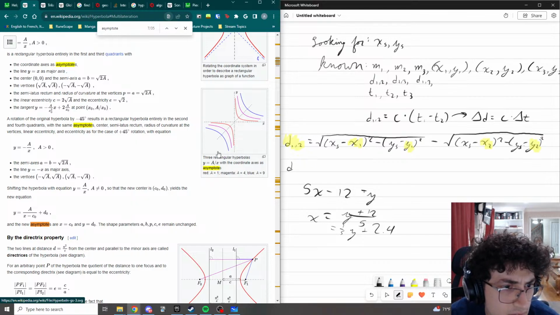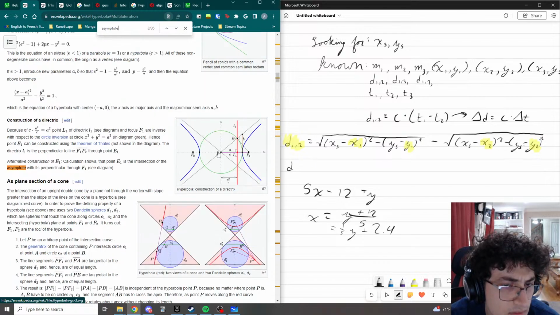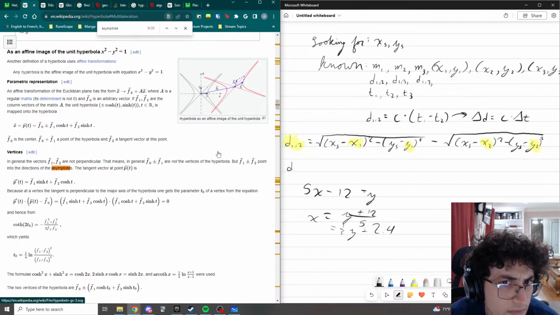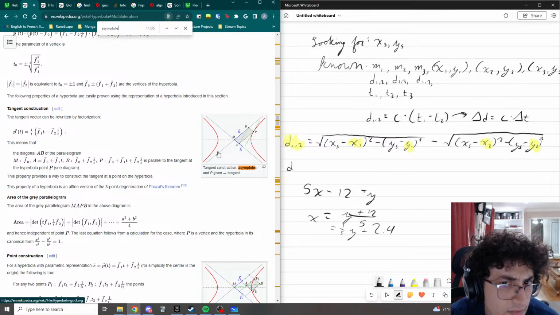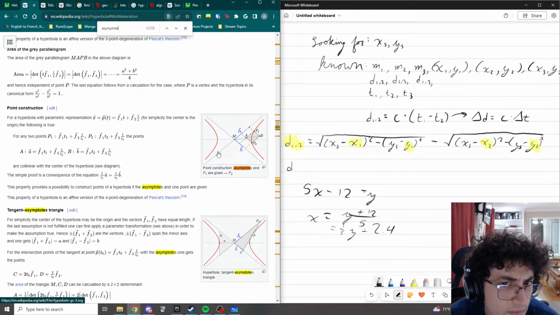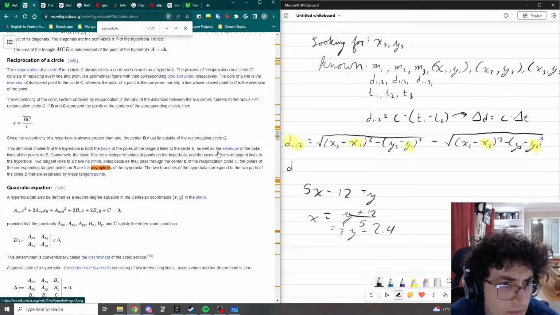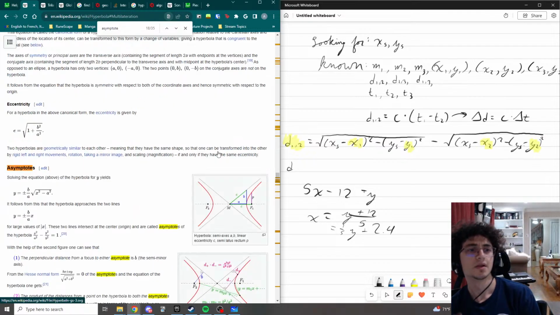Y is equal to A over X minus C. X is equal to C. Solving the equation above.